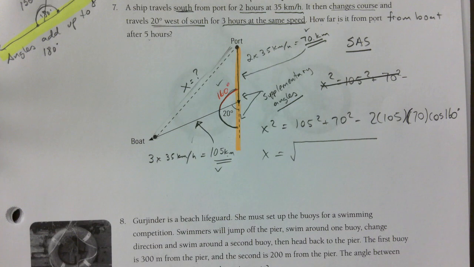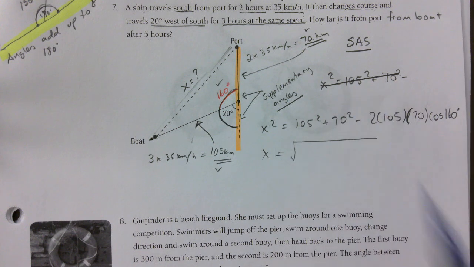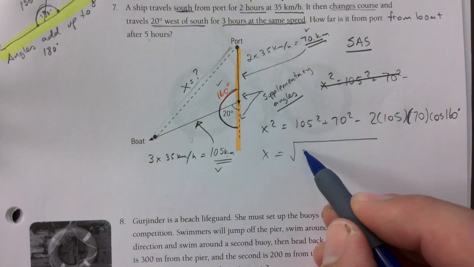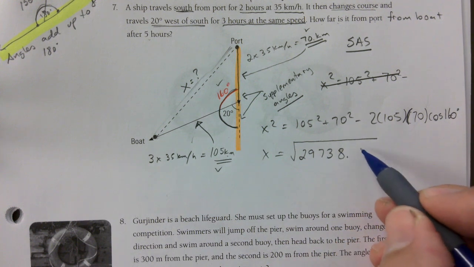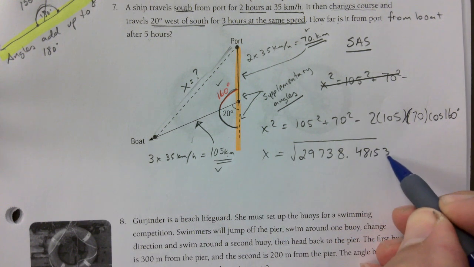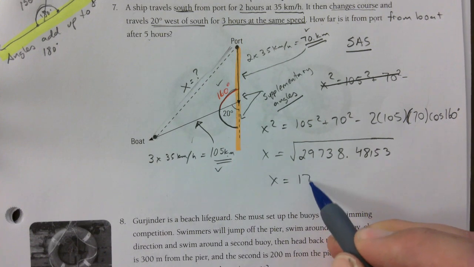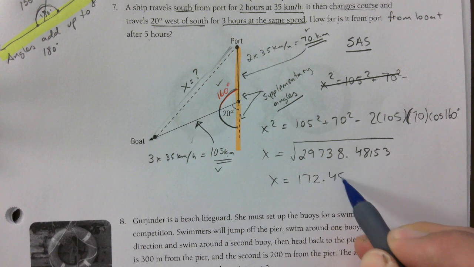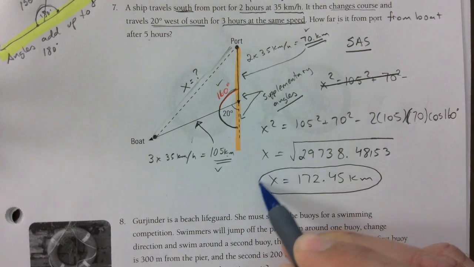And by the way, if you made a mistake on any of these pieces that I just came up with, but you're using the formula correctly, you still get partial marks, right? So it's not that all is lost, right? So this gives you 29,738. I encourage you to try this on your calculator because I'm actually writing down all the decimals here because there's a bit of a problem here, and I will tell you what the problem is.